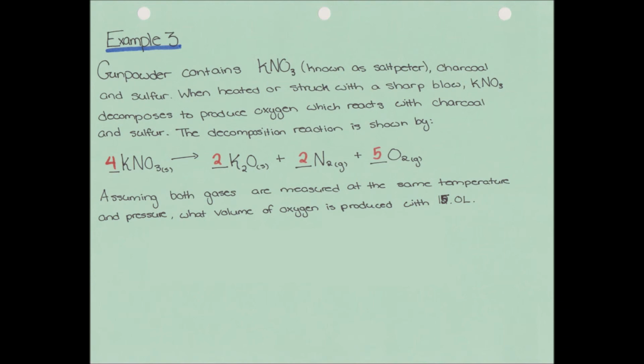So first you would write 15.0 liters of nitrogen times a straight line, and on the bottom you would have nitrogen because you want the nitrogen to cancel out. So bottom 2.0 liters because you have 2 moles of nitrogen, and on the top 5.0 liters of oxygen because you have 5 moles of oxygen. Then you multiply, divide, and you have your answer, 37.5 liters.